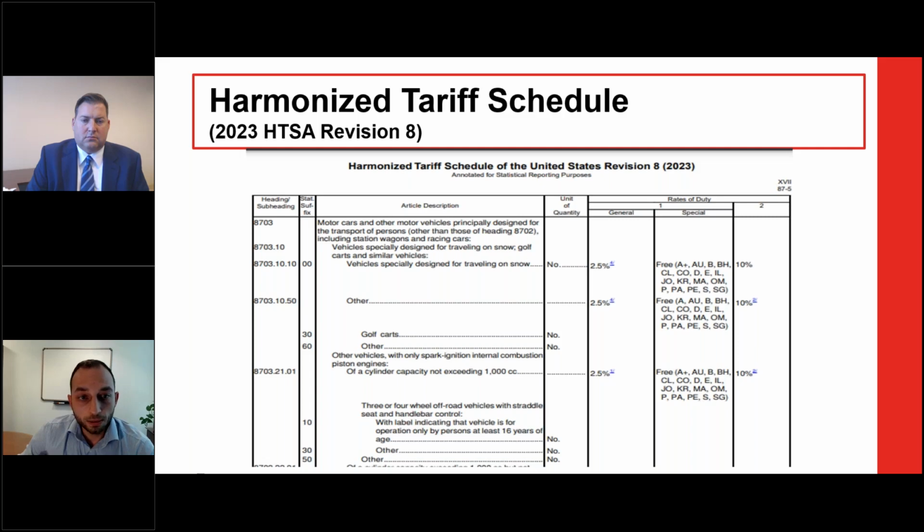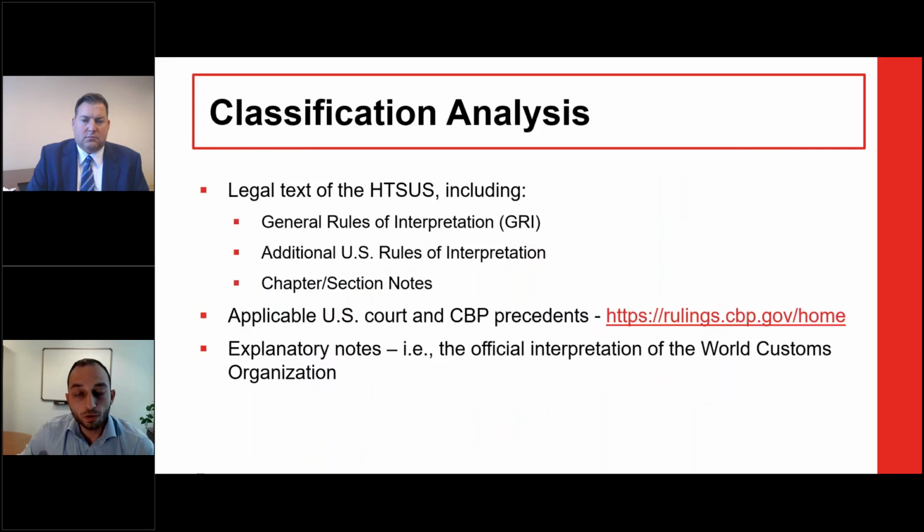So next slide, please. Here we list the primary sources that we would rely on to make a classification. Of course, we would start with the legal text of the Harmonized Tariff Schedule, and that includes the tariff code descriptions, as well as the general rules of interpretation and U.S. rules of interpretation and chapter and section notes.